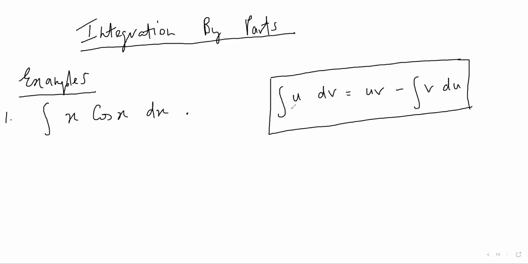The integral of u with respect to v is equal to uv minus the integral of v with respect to u. This is the formula that you use for integration by parts.